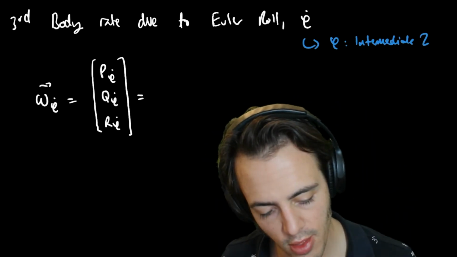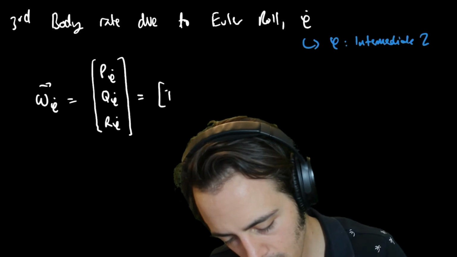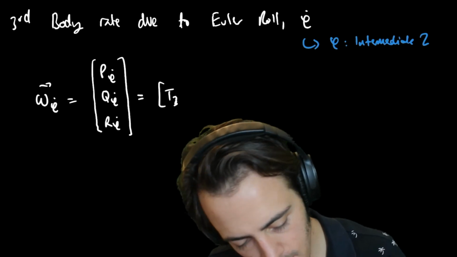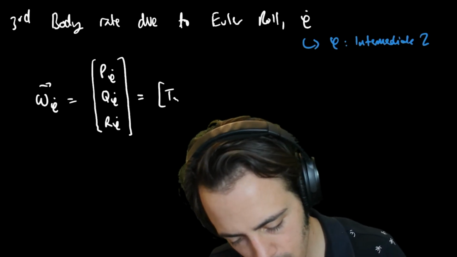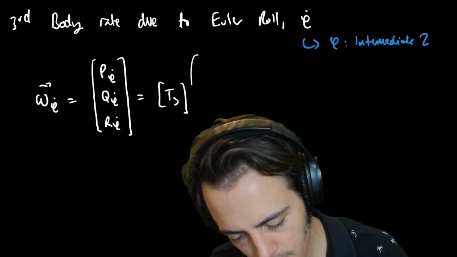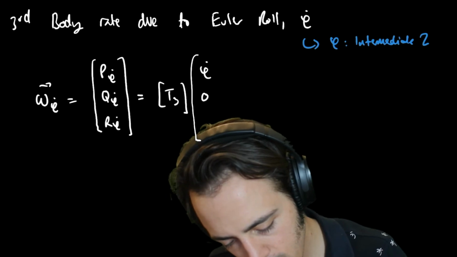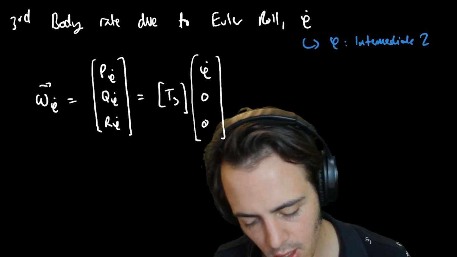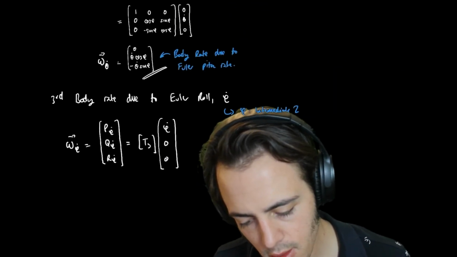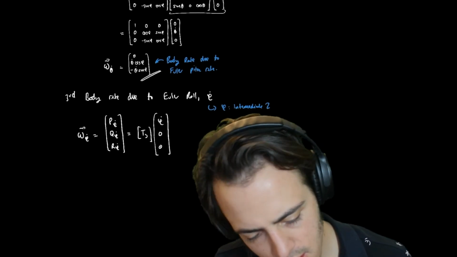So we only need to use the third one now. So T3 multiplied by the roll rate, which is in the first row: phi dot, 0, 0. We've already got our expression for the third matrix, so let's just copy this down again.